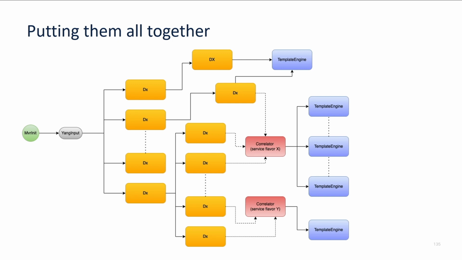Eventually, once this has all been extracted, you can implement n number of correlators, and each correlator has access to all this data. For example, let's say you need to do a reconciliation of a multi-vendor environment, say Juniper, Huawei, iOS, XR. You can have different correlators for each of those platforms, which might eventually write to a single service model. So you are segregating the service discovery code for each vendor type, but you might have different DXs for each of those vendors.